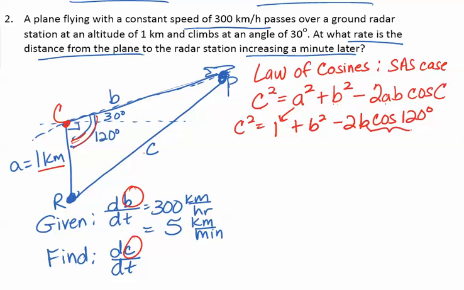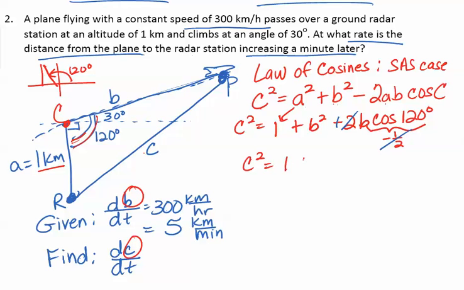And even easier than that, think about the cosine of 120. Let me draw that up here. Here's 120 degrees. The cosine of 120 degrees is negative 1/2. So the negative 1/2 will cancel with this 2, and then we can make that sign positive. So we've got our formula simplified.